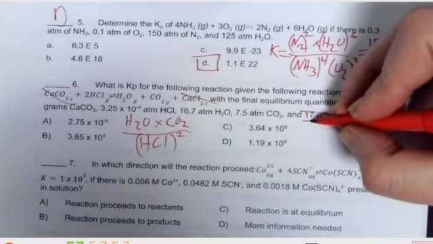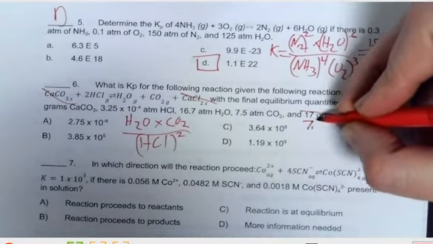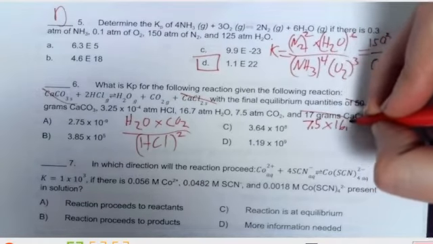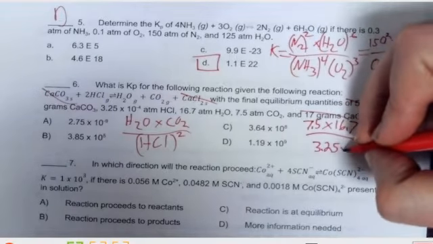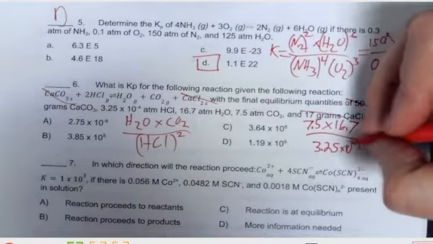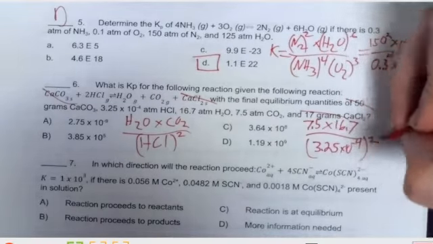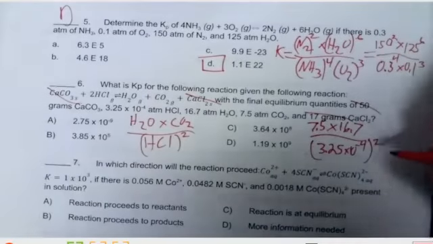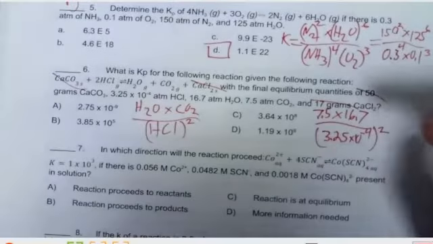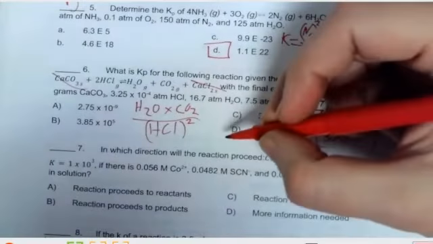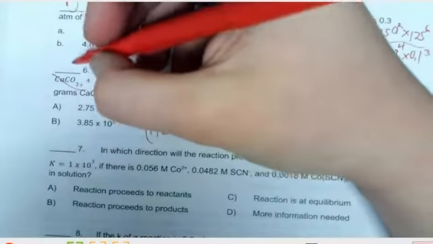Plugging that in, 7.5 times 16.7 divided by 3.25 times 10 to the negative 4th squared. That whole thing's squared. If that whole thing's not squared, it's going to goof up. You should get another 1.19 times 10 to the 9th. Another big number.